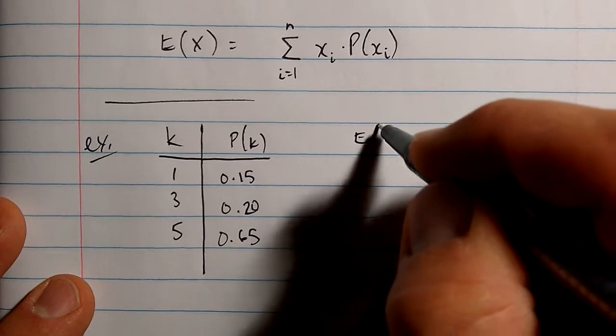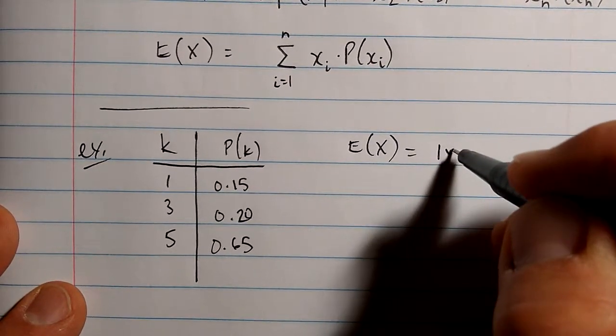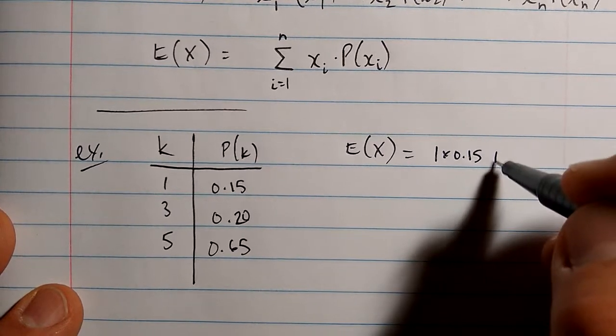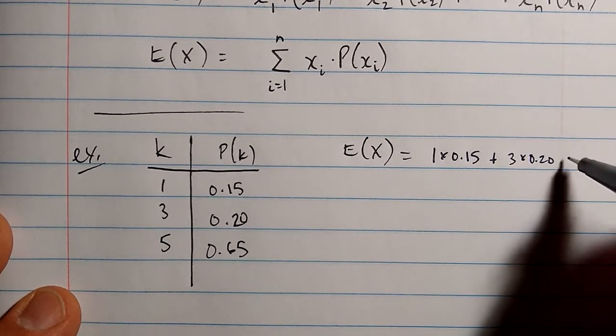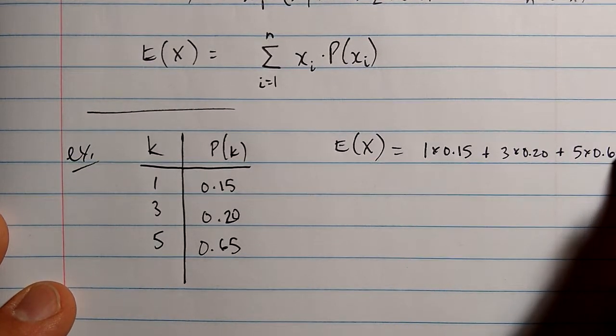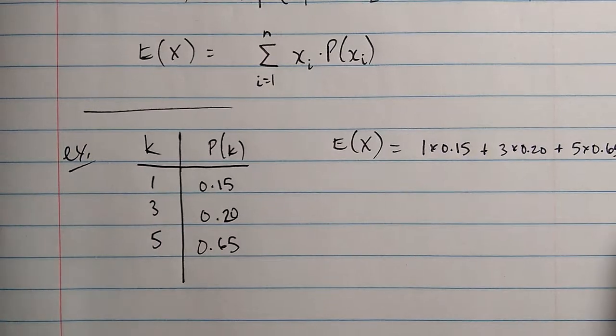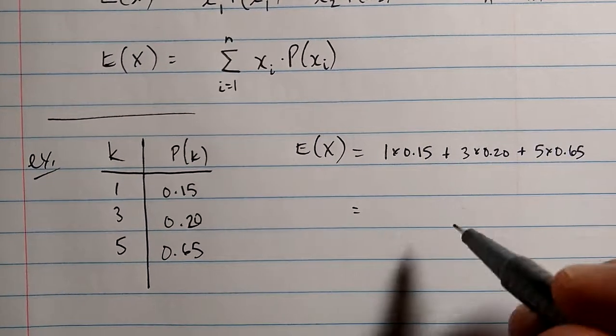Let's calculate the expected value or expectation. That's going to be 1 times the first probability plus 3 times the second probability, and last we'll get 5 times the third probability. Not sure if you can quite see that. There we go. Let's see.